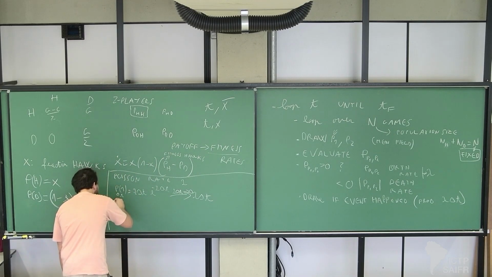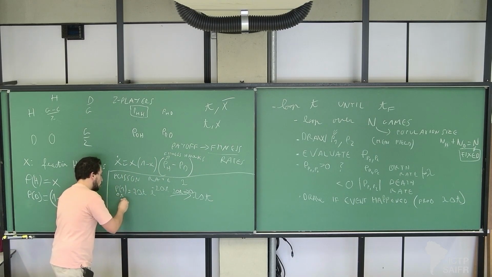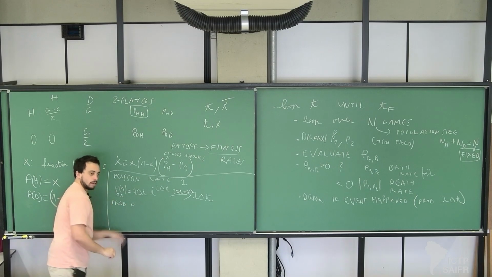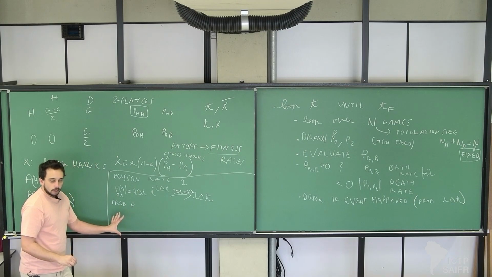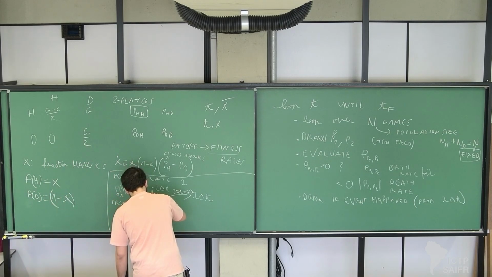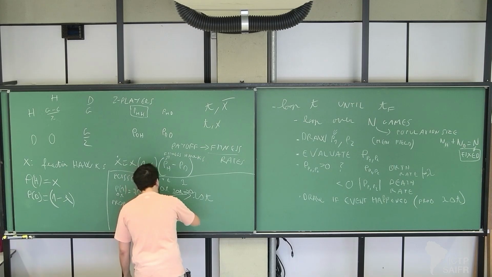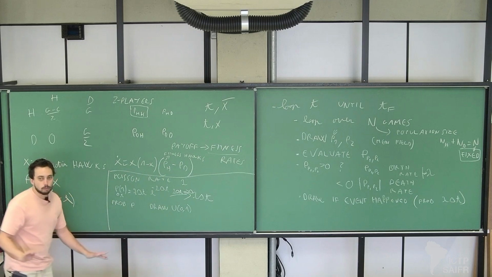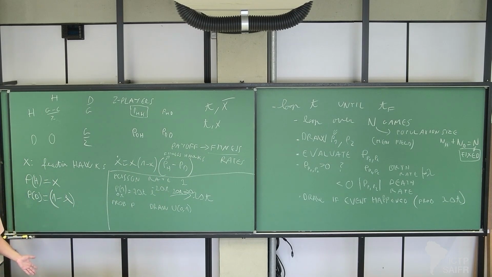So what you do is that if you have a probability P of some event, to draw if this event happens, you draw a random variable which is uniformly distributed between 0 and 1. Okay? All of your programming languages have some function that do it.